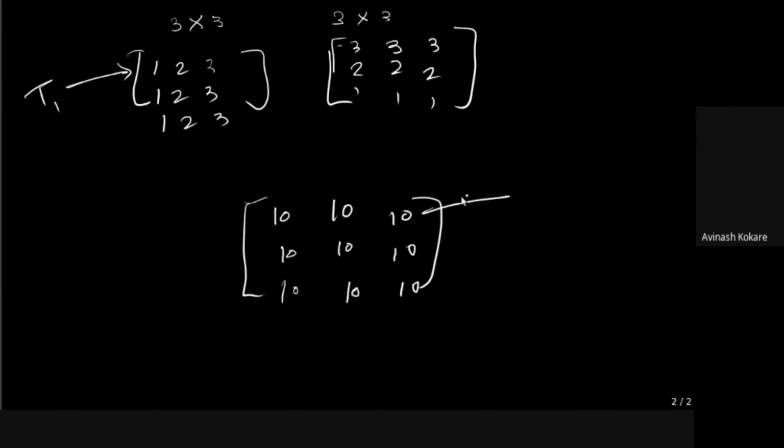So at least you should be able to divide that. Thread 1 will calculate the first row, thread 2 the second row, thread 3 the third row. This we can do, isn't it? Instead of going to each cell of the matrix, we can at least divide the matrix by the number of rows.